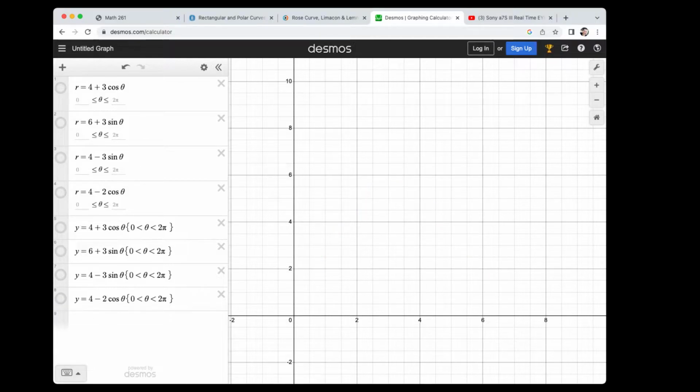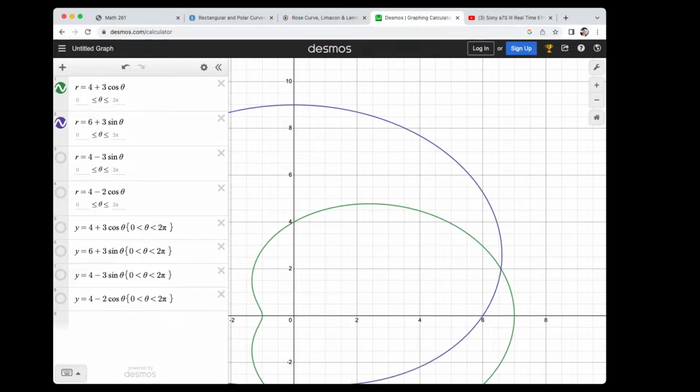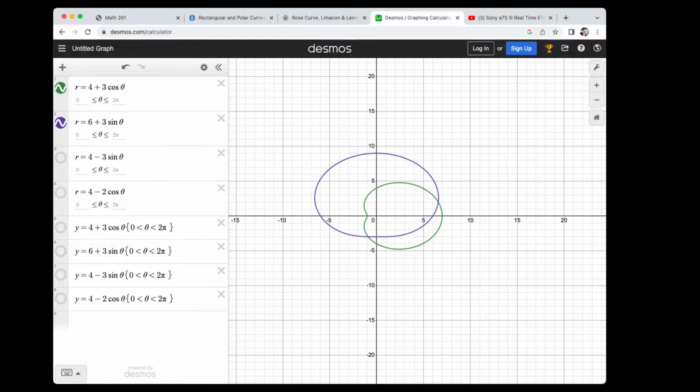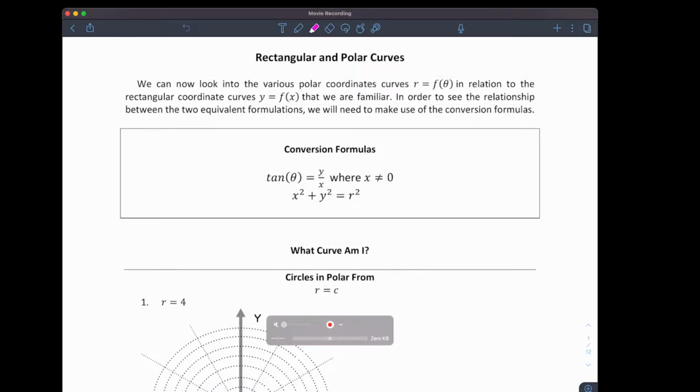Some of these curves exist in the polar world, but we don't have equations necessarily that work very well algebraically. They're not very simple. So we're going to have to learn another coordinate system just to talk about these other kinds of curves.